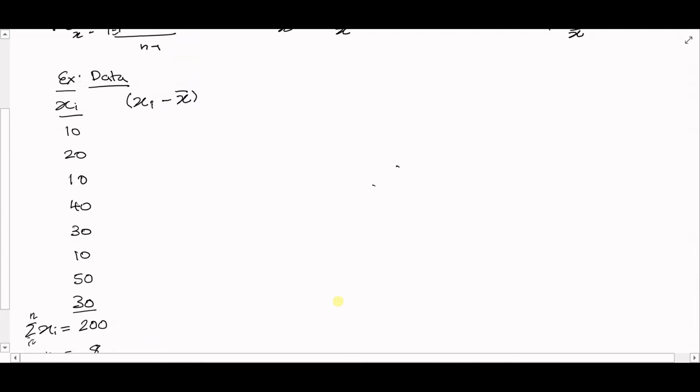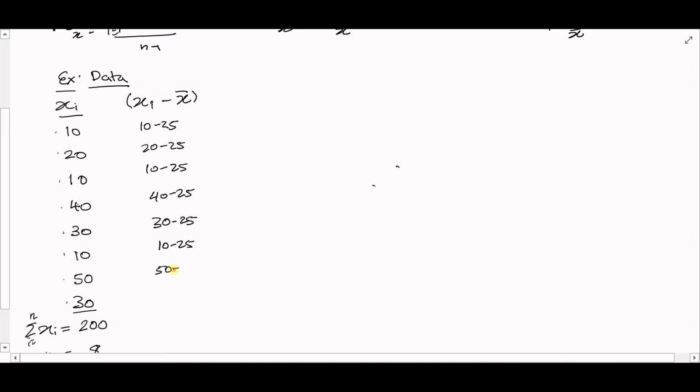And now we are interested to find out how far each of these x values is from the center point, 25. So 10 minus 25, 20 minus 25. You do this across all the individual observations to figure out the variance.